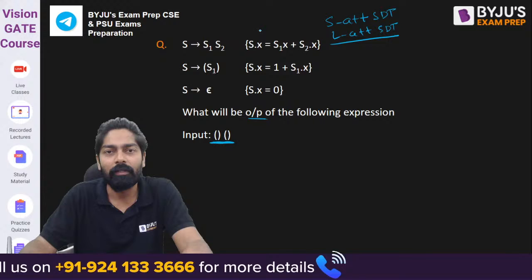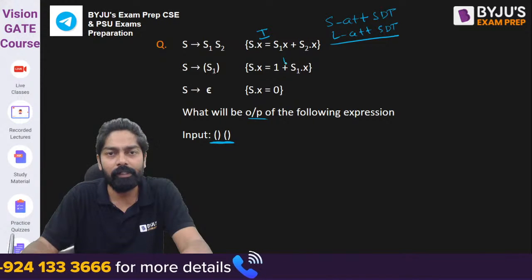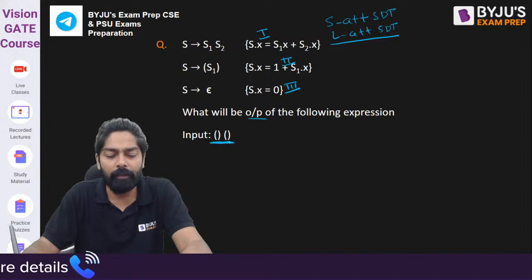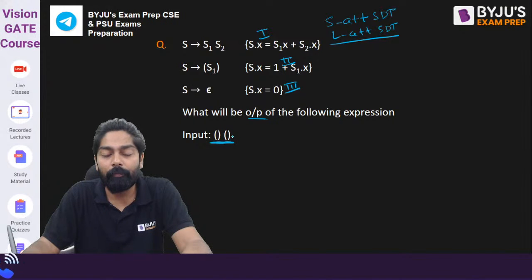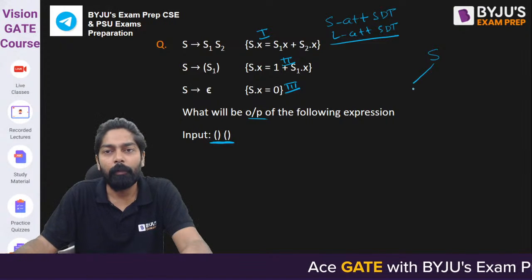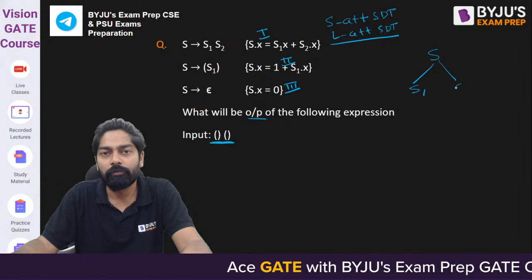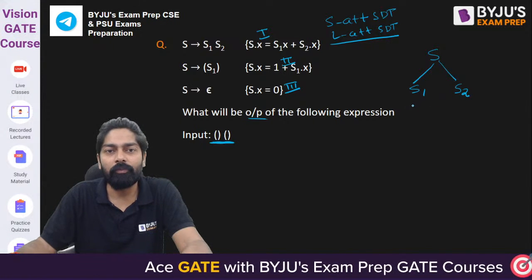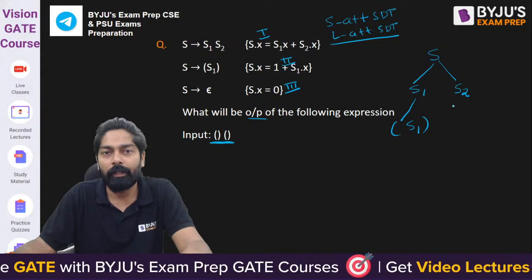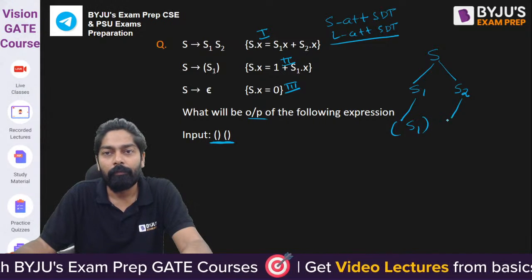So let me try here. This is first, this is second, and this is third. According to the input, you should draw the parse tree. So S goes to S1 and S2. And S goes to opening bracket S1, and S goes to S1 S2.